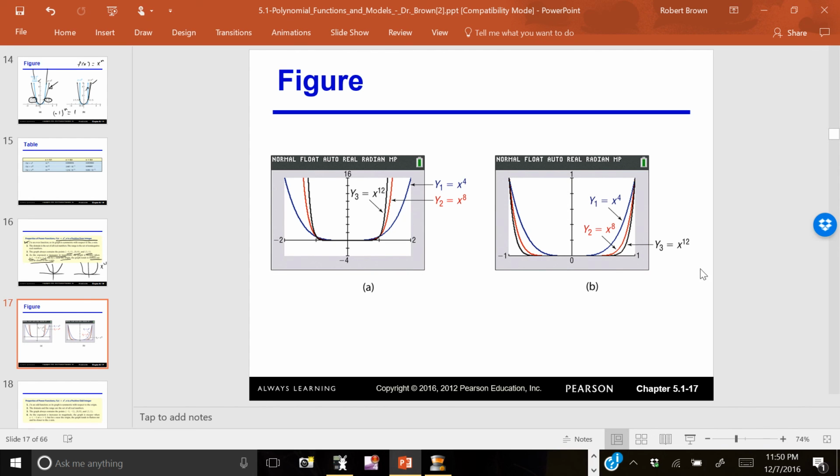If you change the range from minus 1 to plus 1, you can see just how flat the function is around 0. And the larger the exponent, the steeper it is around x equals 1. You might try to put these in your calculator also, just to verify.